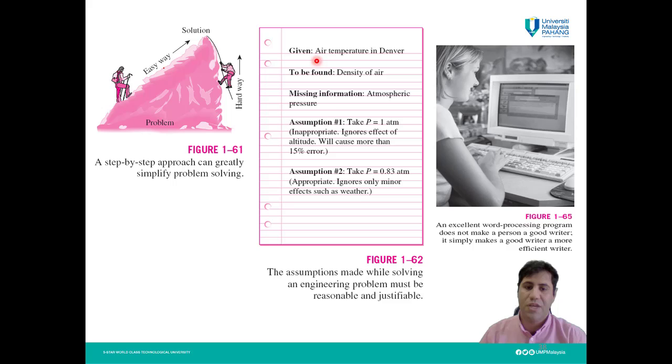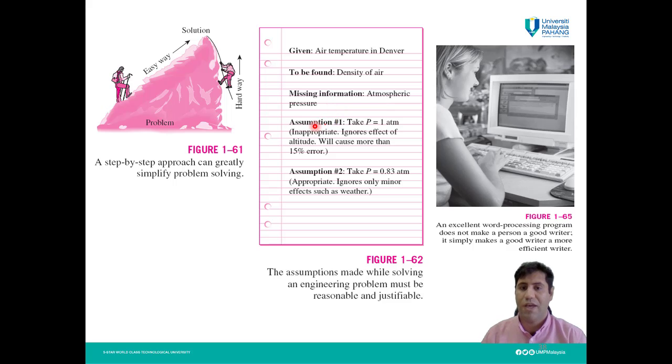For example, here is the assumption. You can see the given problem is the air temperature in Denver. We are going to find the density of the air. We have the temperature. What is missing? The missing information is atmospheric pressure.